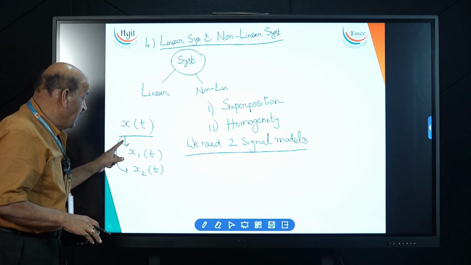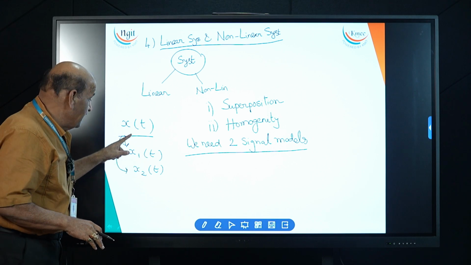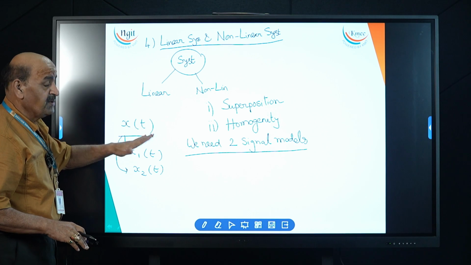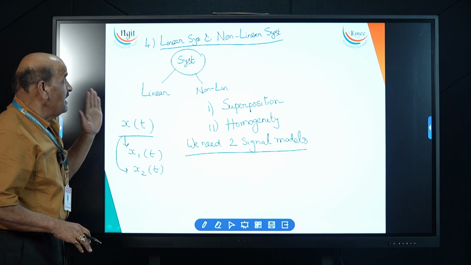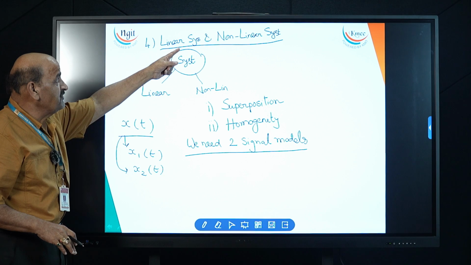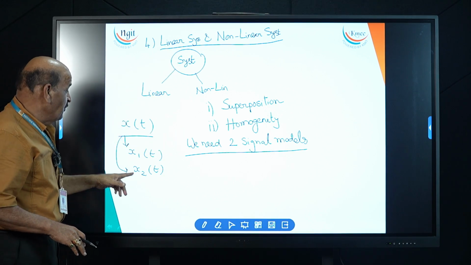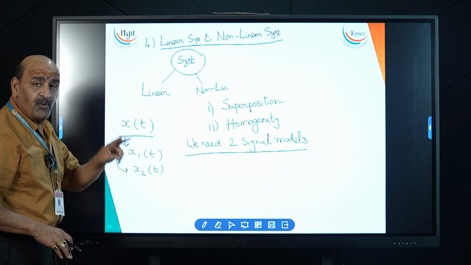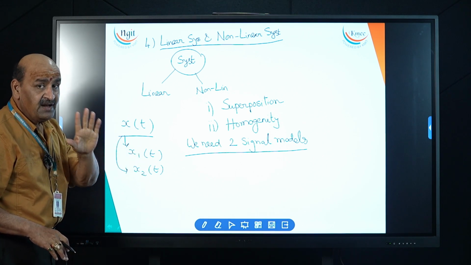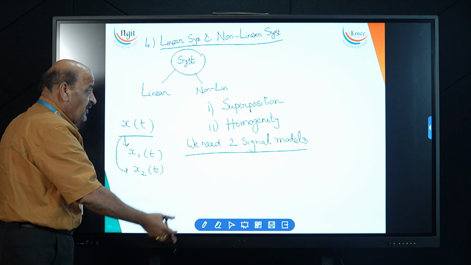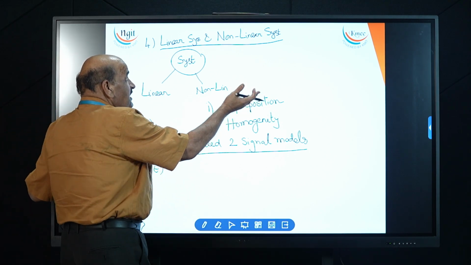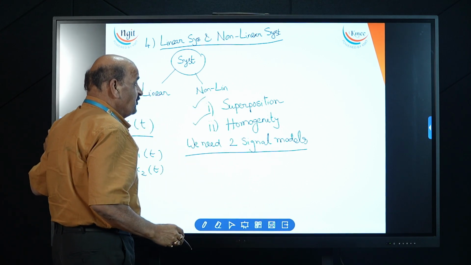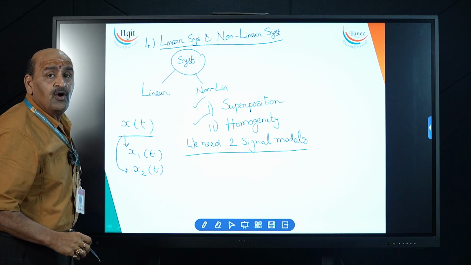From this signal, we have to define x1 of t and another signal, x2 of t. Students have to remember this, a very important concept. Whether it is a linear or non-linear system, you have to verify these two principles: superposition and homogeneity.